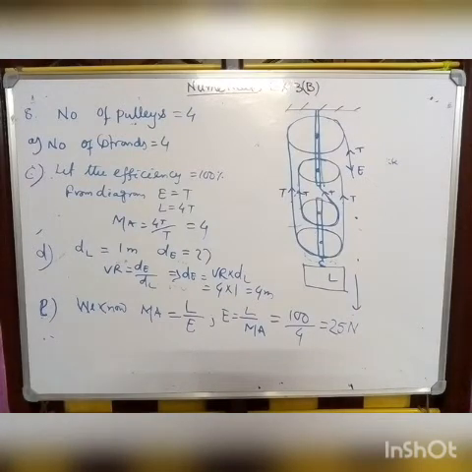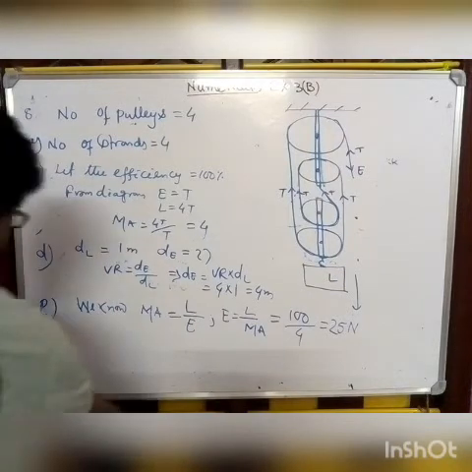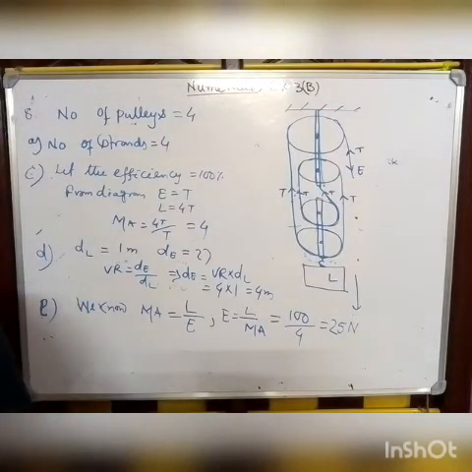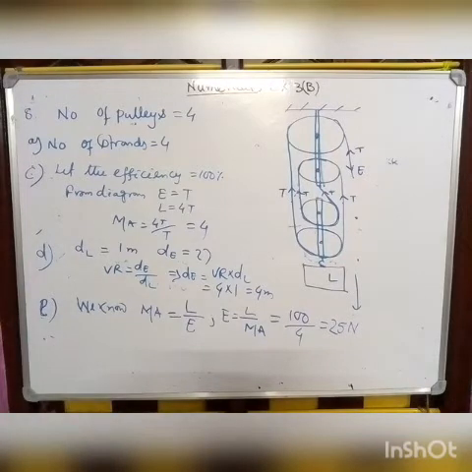Just see, and better if you practice it on your own. Don't just copy it from here. My suggestion is you have to practice it on your own, and the video is there to support you, so you can see it anytime. Now we will do the last one, question number 9.